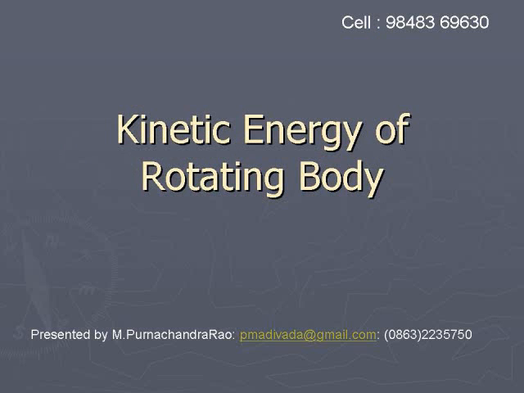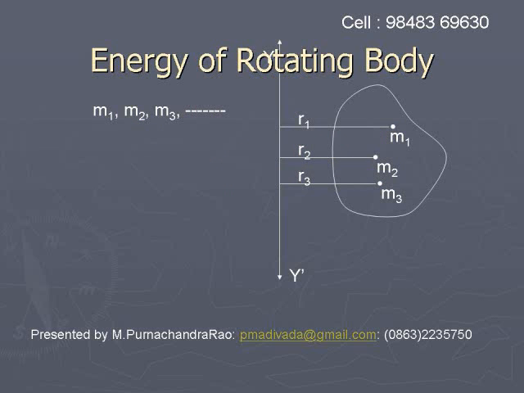Energy of a rotating body. Suppose a body is rotating about an axis. Consider three particles of the body with masses m1, m2, m3. Their perpendicular distances from the axis of rotation are r1, r2, r3.